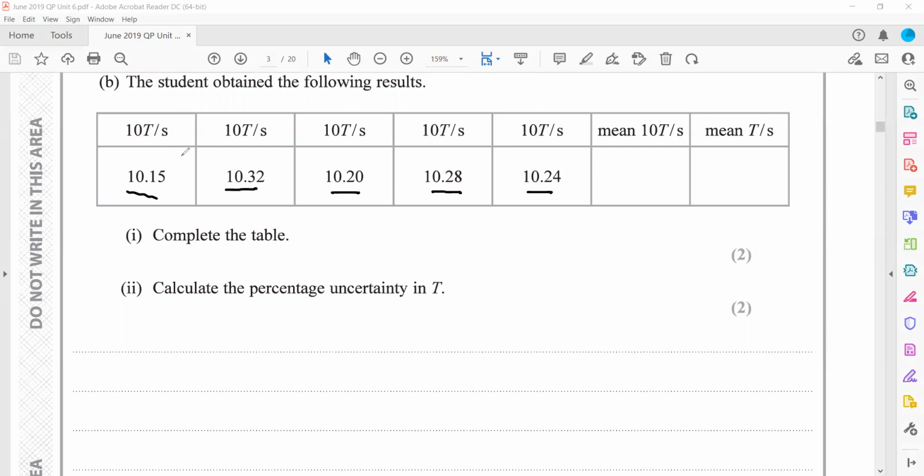So when we add them, we can take the average of this.